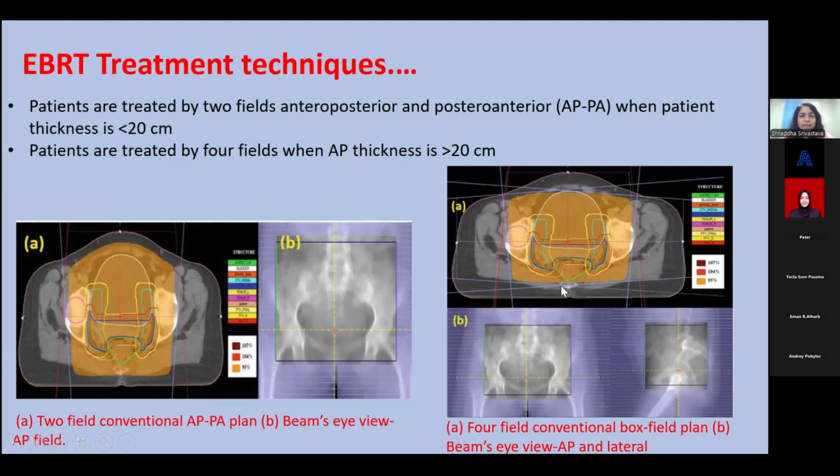So in conventional techniques, usually the bony landmarks are used for deciding the radiation field, that is, which area has to be irradiated so that the tumor volume gets covered. So if the patient thickness is less than 20 centimeter, only 2 beams are sufficient to cover the tumor. And if it is greater than 20 centimeter, then around 4 fields are required to cover the tumor volume.